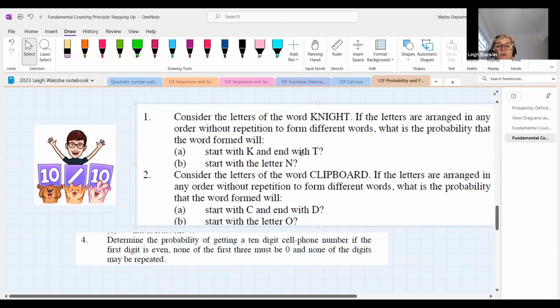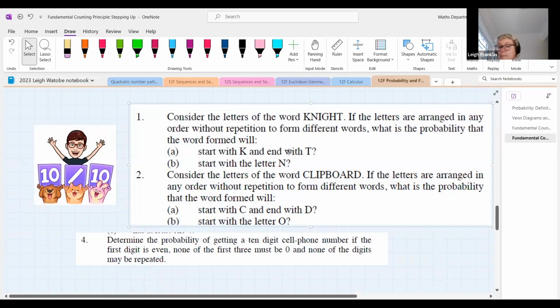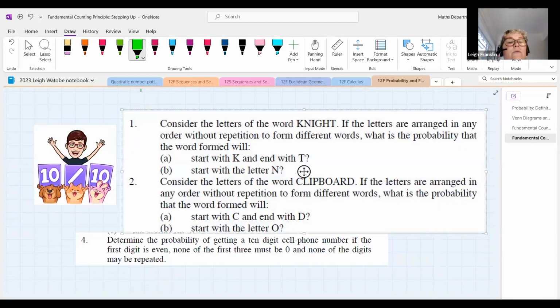So let's have a look at question number 1. These questions involve probability. It says consider the letters of the word night. Each letter is different. How many letters are there in the word night?